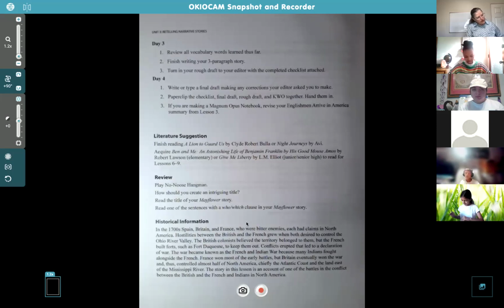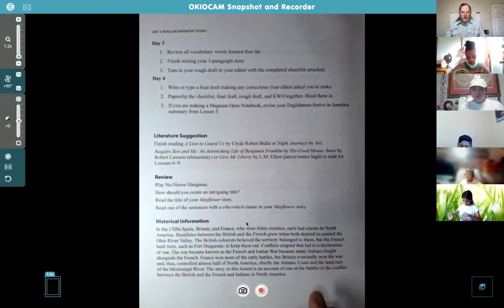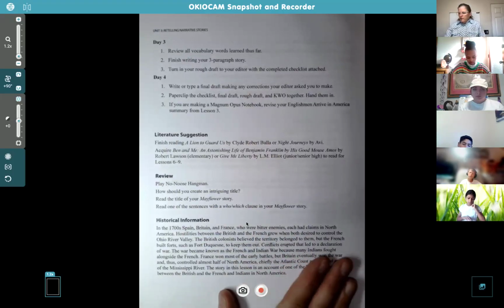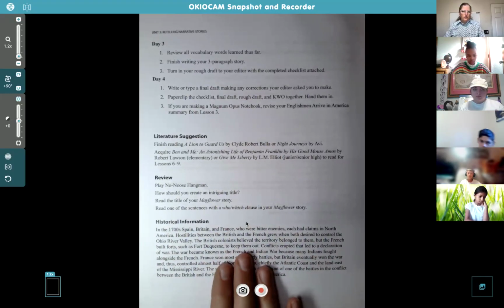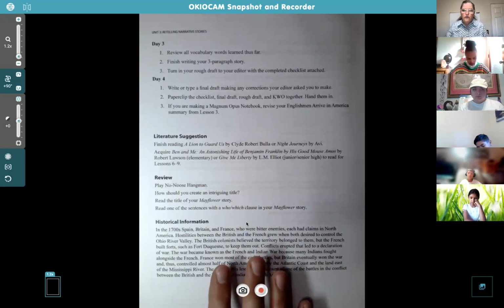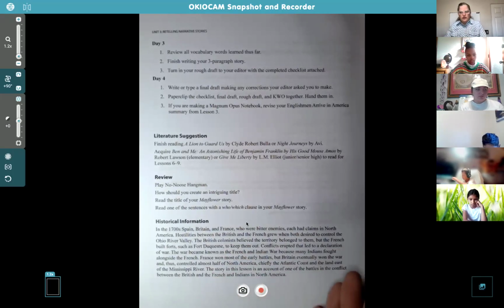Yeah, we didn't use the story sequence chart. We're using the story sequence chart this week. You guys learned it last year, but we're going to use that this time. But before we start, I'm going to read this little paragraph at the bottom here of historical information, and then I actually have a little video that I want to show you leading into this lesson.